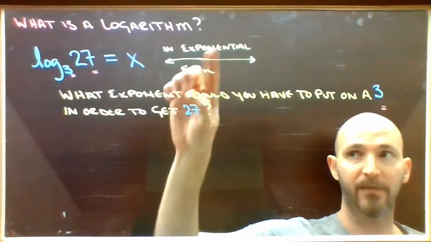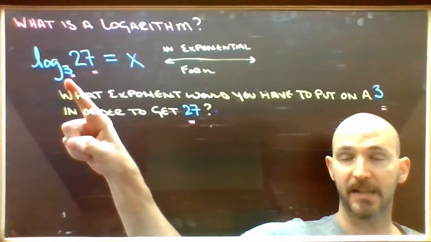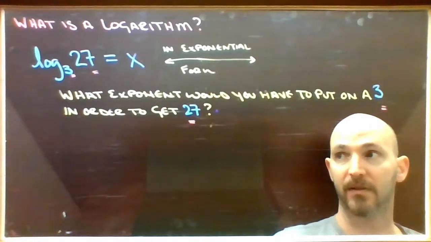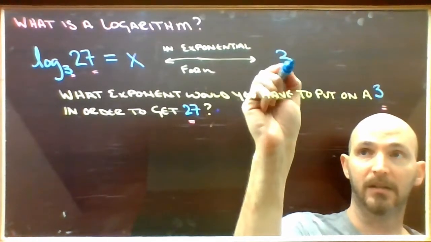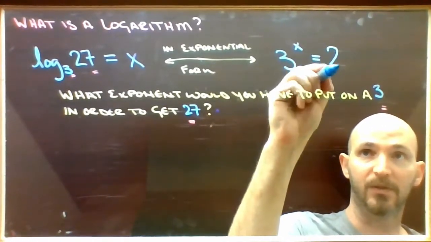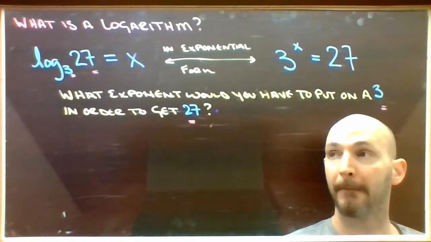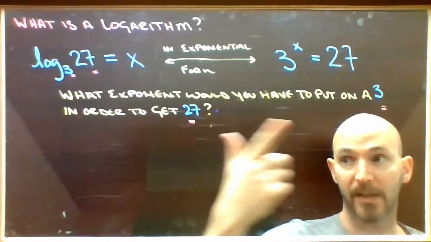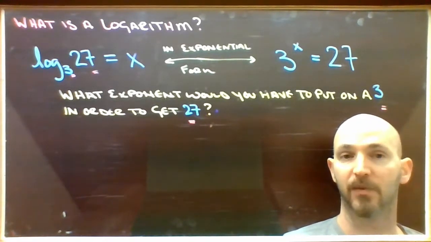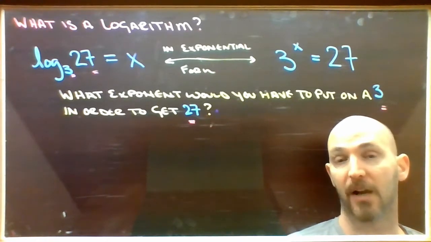If I were to try and flip it to exponential form, this would look like this number to that exponent equals 27. So 3 to the exponent x equals 27. So if this is the question it's asking you, what exponent would you have to put on a 3 in order to get 27, you're going to have to look at your list of powers of 3.